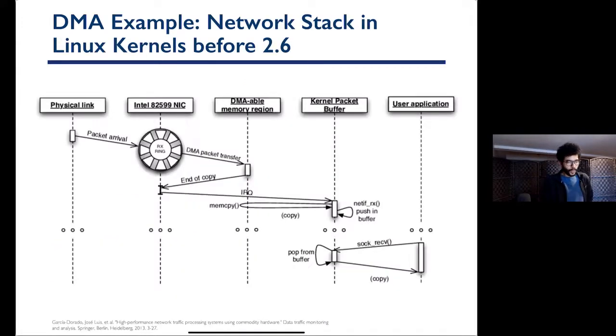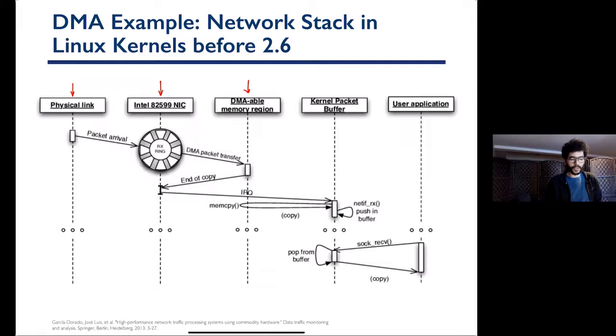This is an example of a network stack in the Linux kernel. So what are we looking at? This is your physical link, let's say Ethernet. This is your NIC, the hardware, the network interface card. This one is basically your DMA-able memory region.